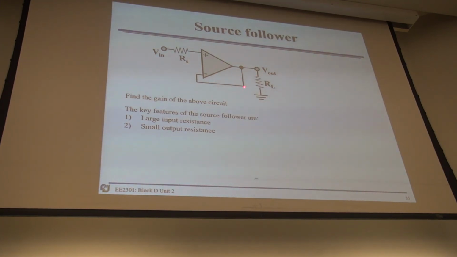Looking into this, your output resistance is the same as the op-amp's output resistance, small, almost zero. And that smallness does not depend on how big this RS is. RS is big or small, it doesn't matter anymore.